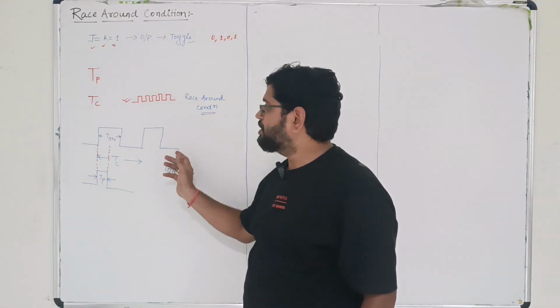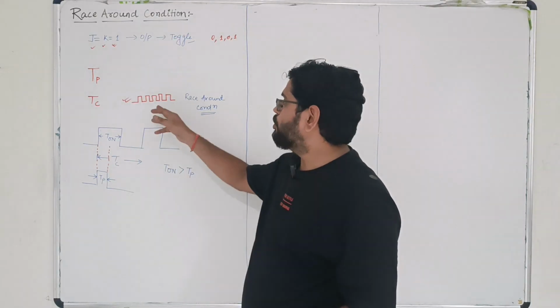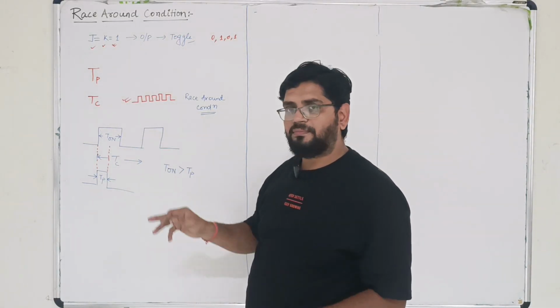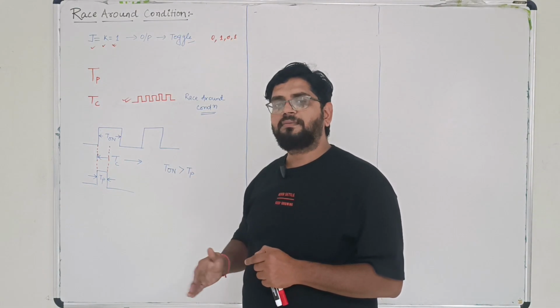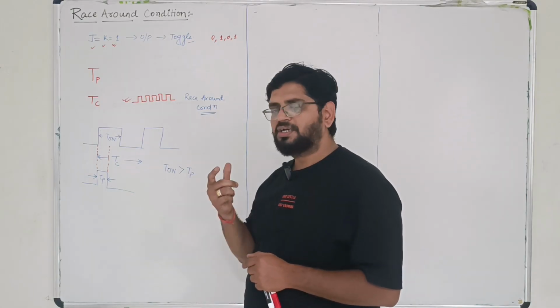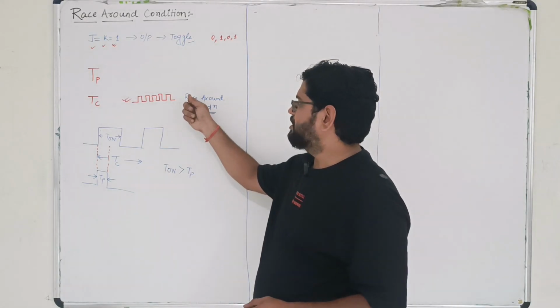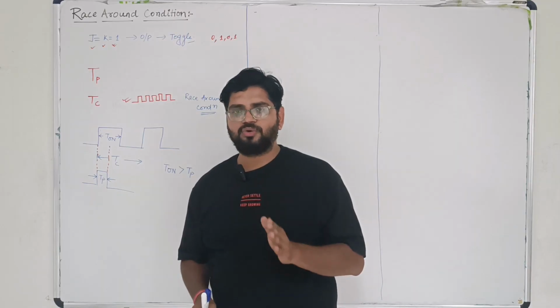If this condition persists, the output of the flip flop fluctuates between 0 and 1 many times within a single clock pulse. That condition is described as race around condition.